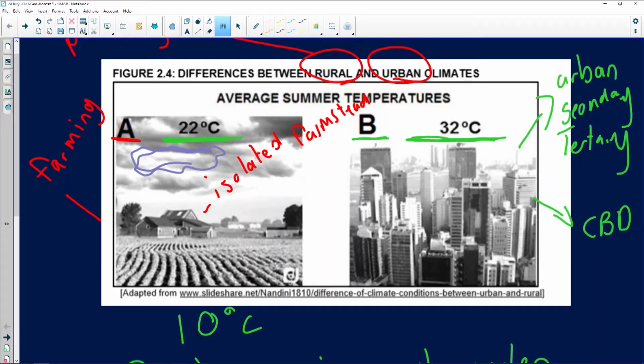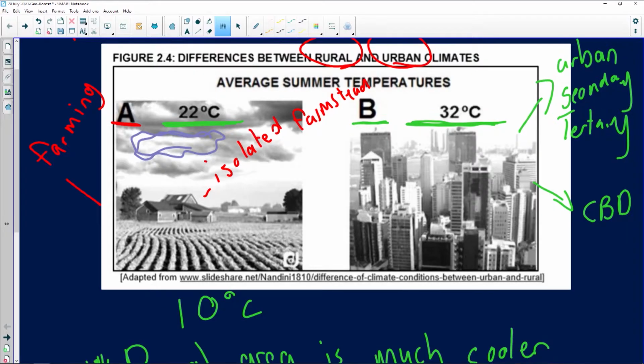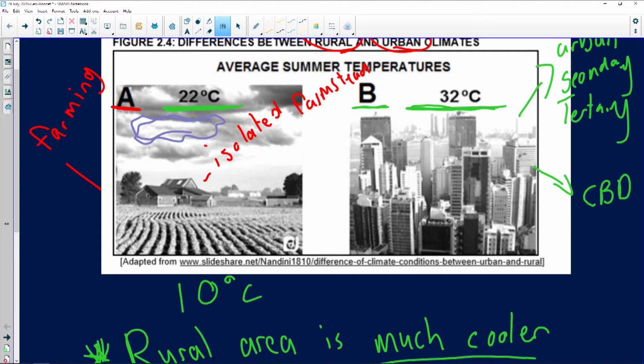Now keep in mind, where are we going to experience less friction or more friction? Think of the air blowing smoothly or blowing disruptively. If wind is blowing at A, is it going to blow smoothly or are there going to be obstacles? If you look over here, it's quite a flat gradient.